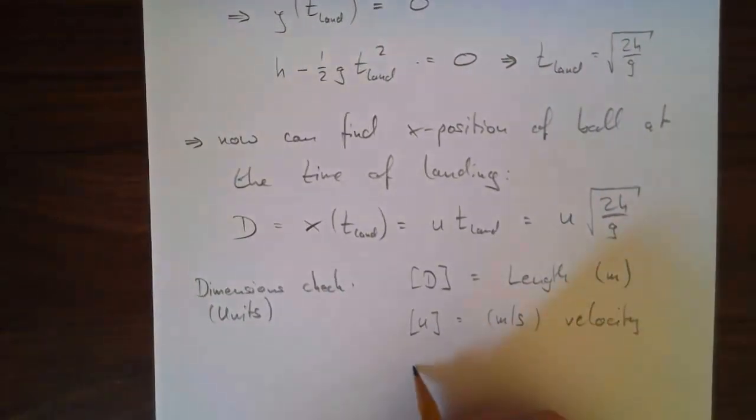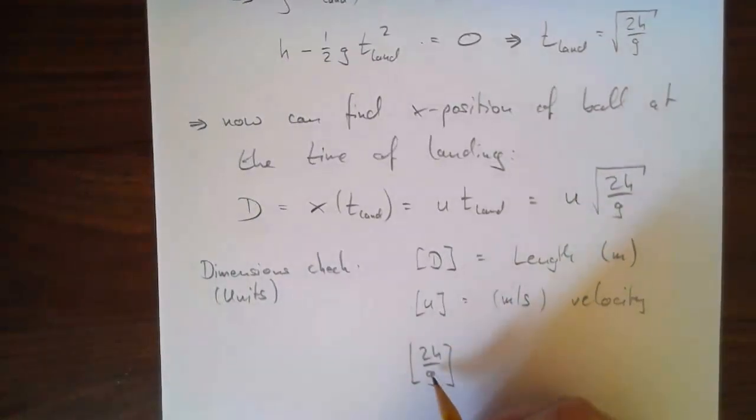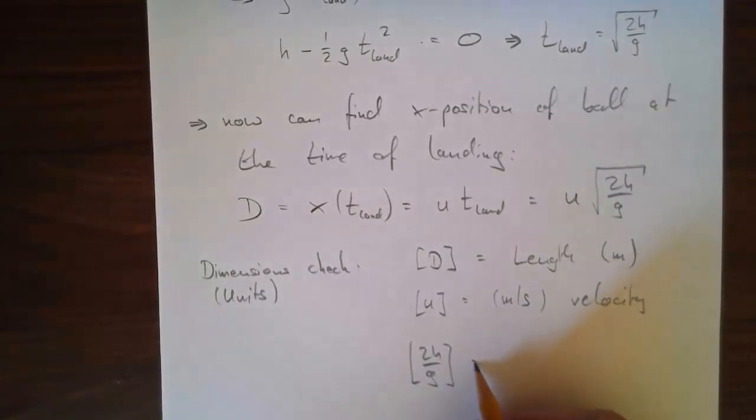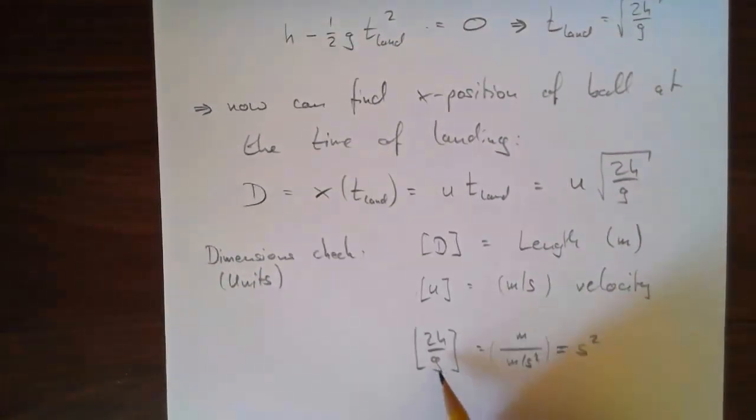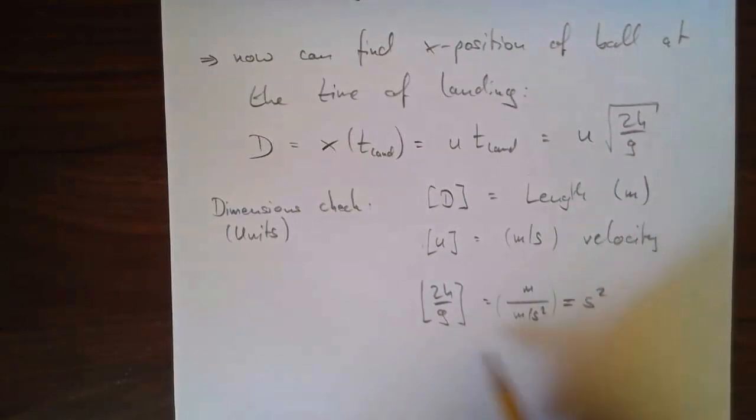And then this 2h over g, the units of that, well, this is meters over meters per second squared. Let me write this down. So this is meters over meters per second squared, which of course is nothing but seconds squared, because meters cancel out meters, and 1 over second squared brings the second squared to the top. We take the square root of that, we end up with seconds, right?